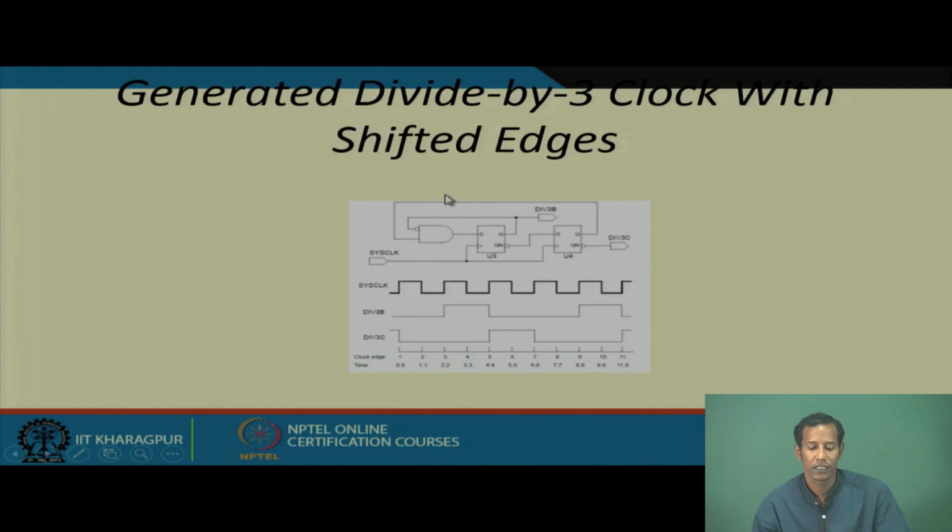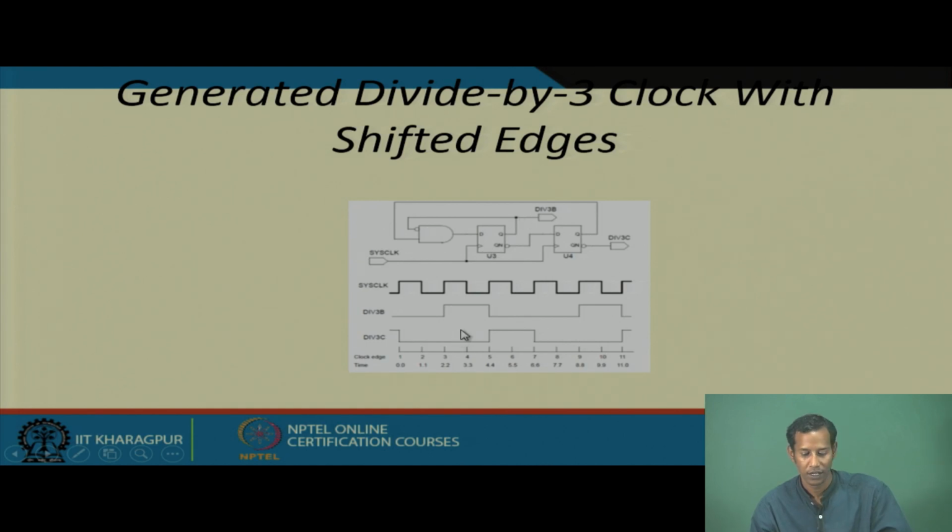Then again, to generate a divide by 3 clock with shifted edge, how can we do it? Now you have these two registers, with the same configuration, and from this block's output you will get the divide by 3, and from the corresponding Q bar output you will also get a divide by 3, which is a shifted version of the clock signal you get from shift register 1 or flip flop 1.